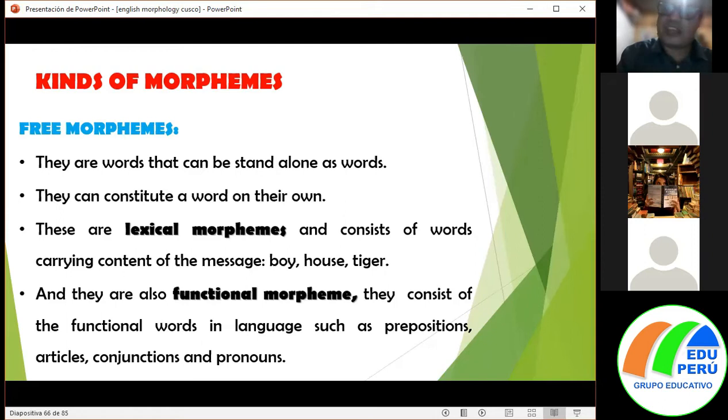So inside of free morphemes we have two types: lexical and functional morphemes. They can appear alone. They don't need other parts to appear as a word. They can constitute a word on their own. That's why we call them free. They don't need any other morpheme to appear as a word.